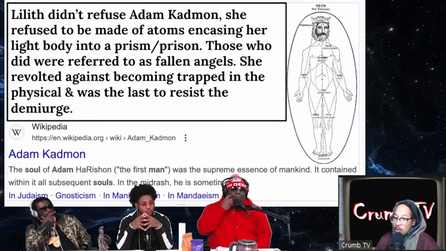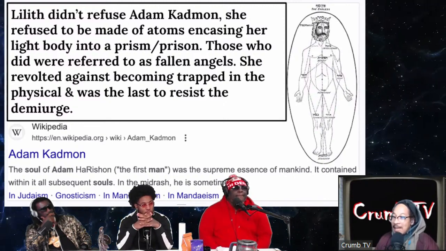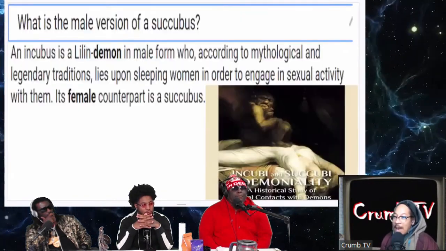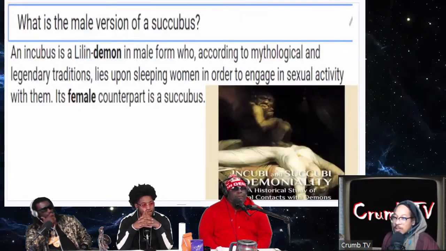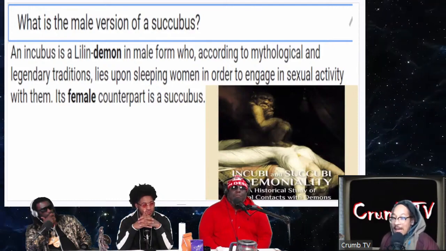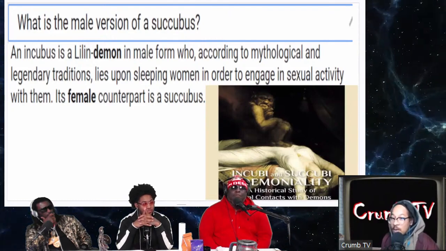In some stories, she doesn't rebel against him. She rebels against going into the physical. I digress. Question: what is the male version of a succubus? That's what KP asked towards the beginning of the show.